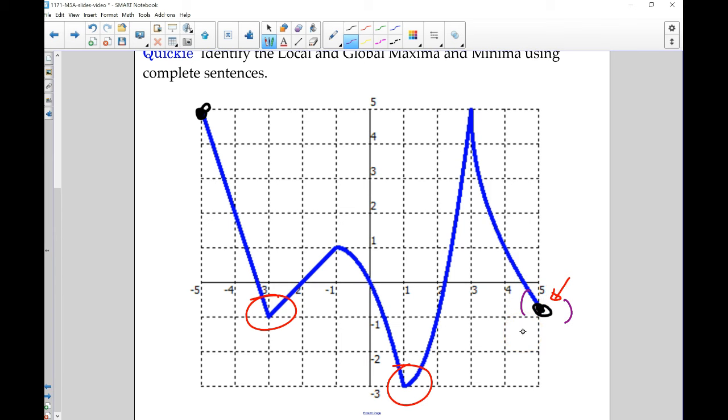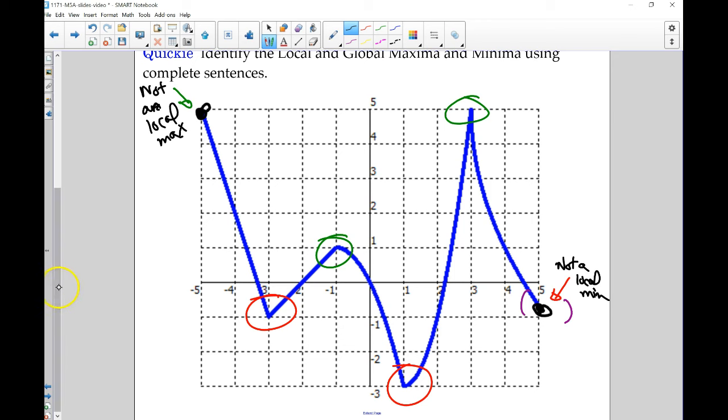It must be smaller than any other y values in an open interval near it. So this is not going to be a local min. And then similarly, I can say here's going to be a max, here's going to be a max, and by that same logic, this is not a local max, because again I have to have function values on either side.